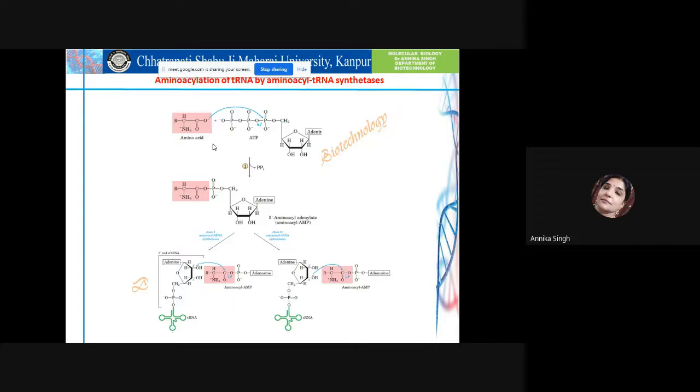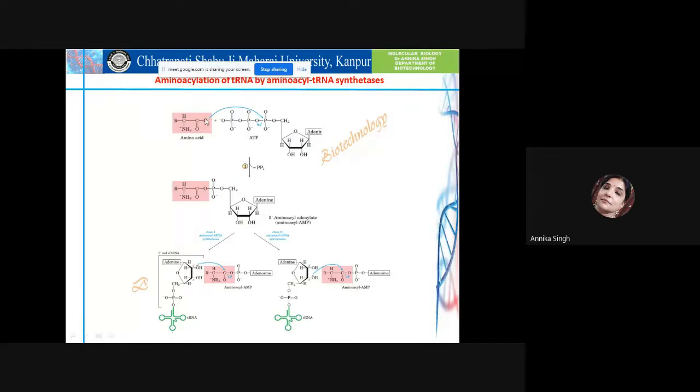This amino acyl AMP is a reaction intermediate, okay, and it is also known as enzyme bound intermediate, and it forms when the carboxyl group of the amino acid, carboxyl group of the amino acid reacts with the alpha phosphoryl group of the ATP. दिस इज द एटीपी, ये एडनिन है, ये राइबोस शुगर है, एंड दिस इज द 3 फॉस्फेट ग्रुप अल्फा, बीटा and gamma.